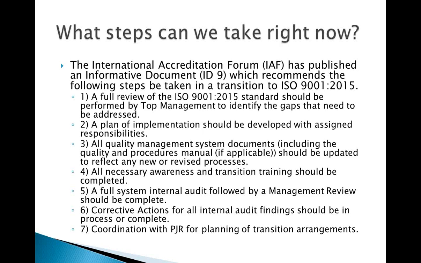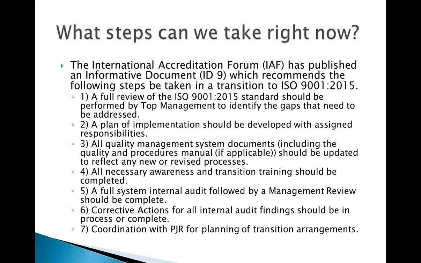ID9 recommends a 7-step process for transitioning. First, get yourself a copy of the standard. Purchase the standard and have your management team do an in-depth review of the standard to identify the gaps that need to be addressed. Have a plan of implementation with assigned responsibilities for any gaps that you have.